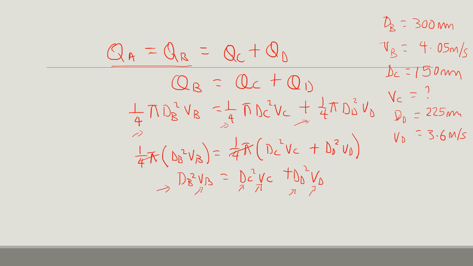Okay, so now we have only one unknown. That means that we can solve. And I can just collect like terms here. So VC will be equal to dB square VB minus dD square VD over dC square.